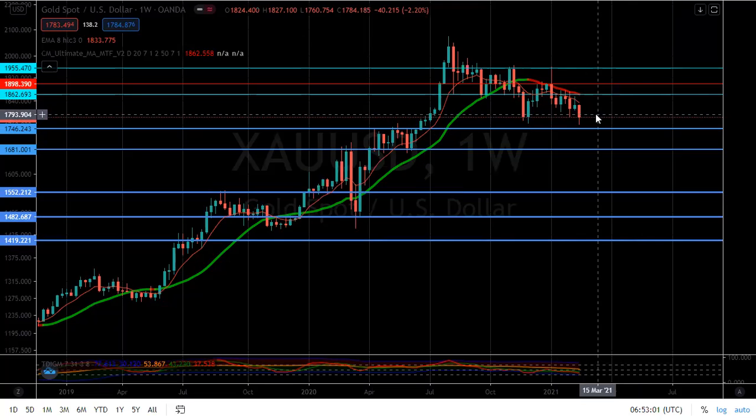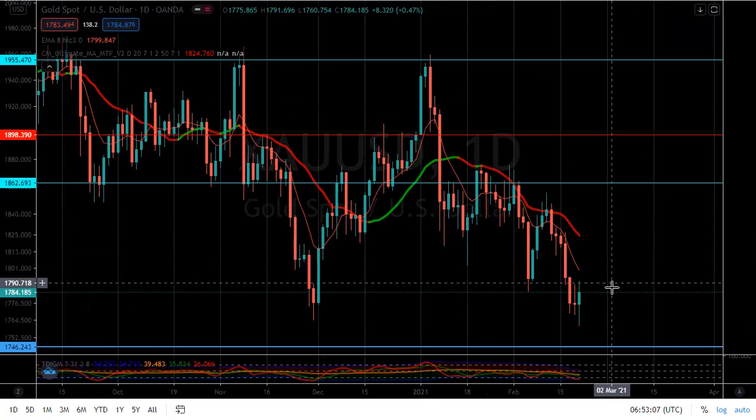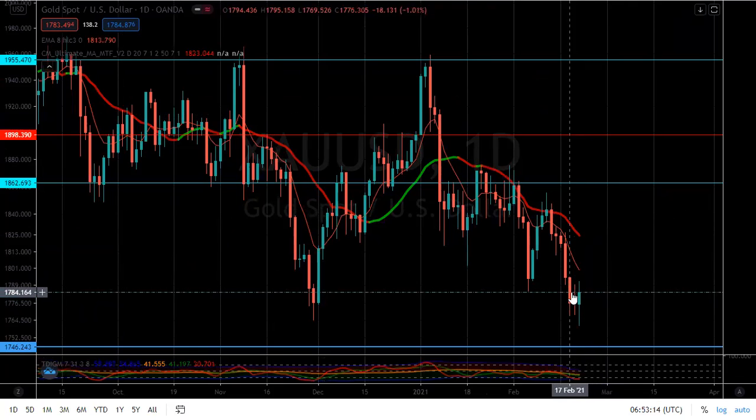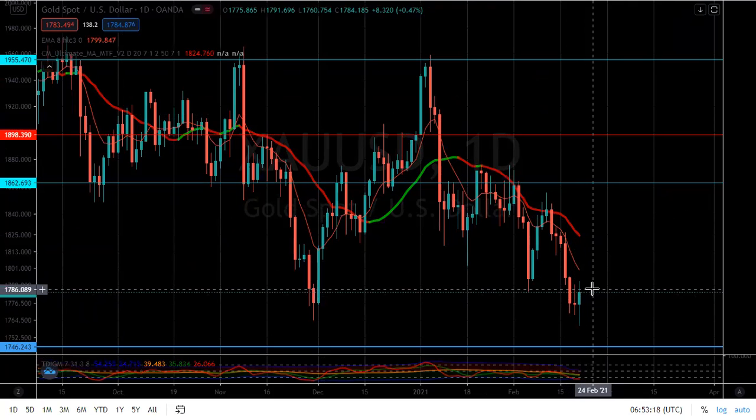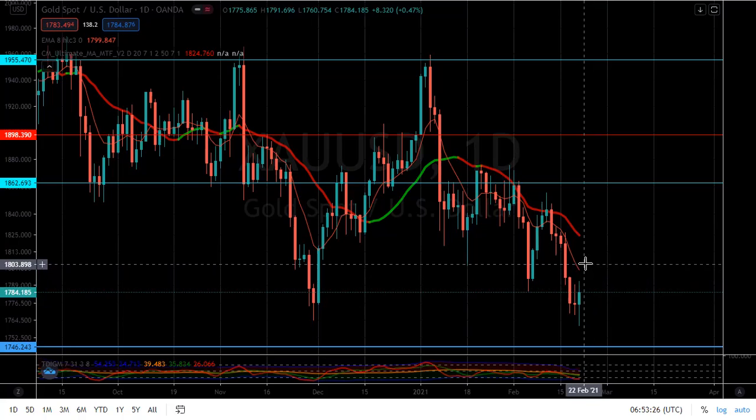Let's look at the daily and maybe go down to 4 hourly to get clear views on this. With what price has done here, if we have a retracement, if we have a reversal around here right now, we could continue the downside. But with what the price has done here, I want to see more movement of price into the 1803.